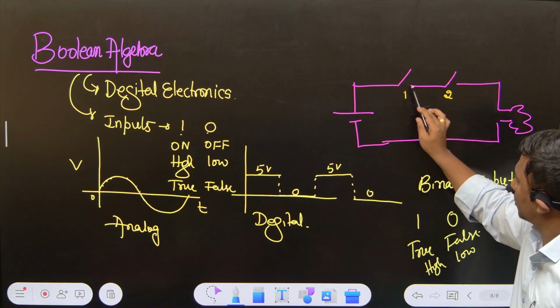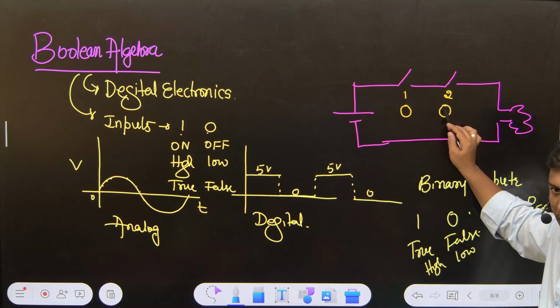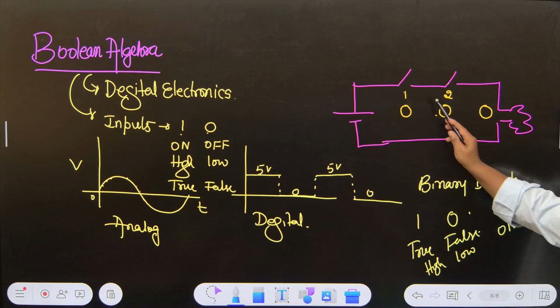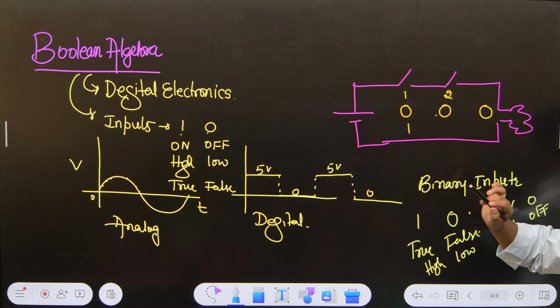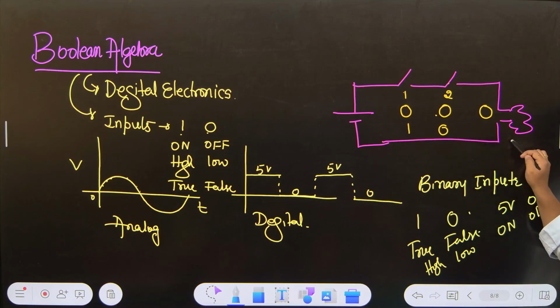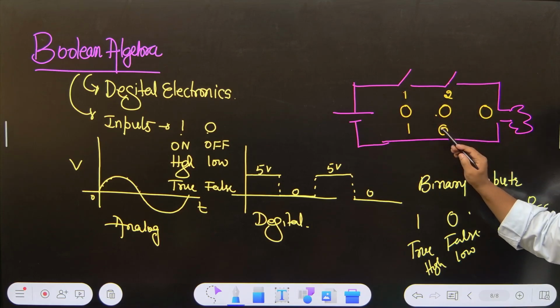So switch 1 is open, what is the input? 0. Switch 2 is open, what is the input? 0. Will the bulb glow? Then the output is also what? 0. Correct? Now let us say switch 1 is closed, that is 1. Switch 2 is open. Then what is the output? Will it glow? It is connected, but it is still open only. Then what is the output?